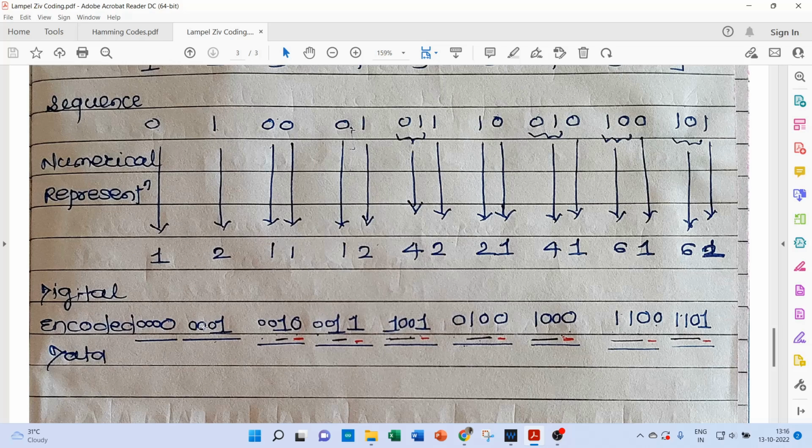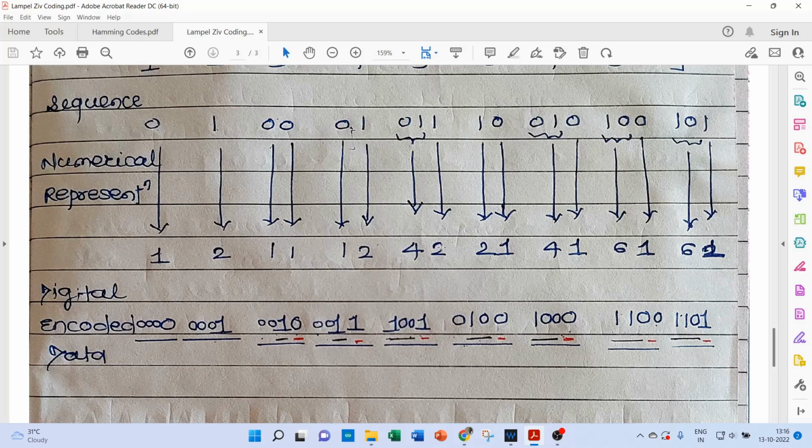Here again I have written 000. Here the numeric value is 1, 2, and 2 is represented by 1, so 1 is written, and for the prefix 1 it is represented by 001.